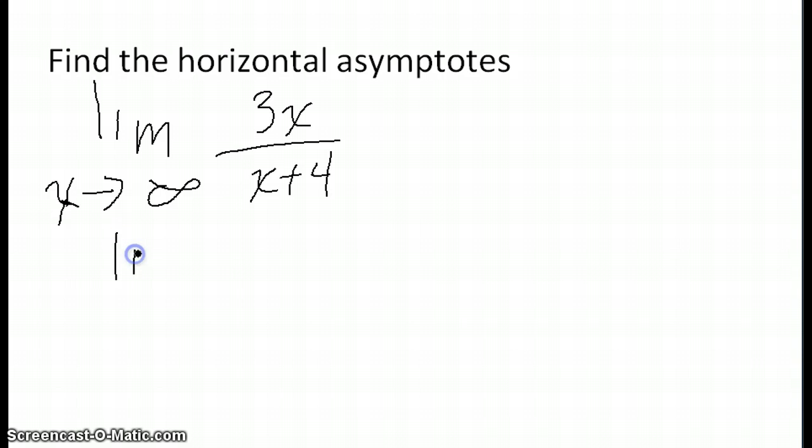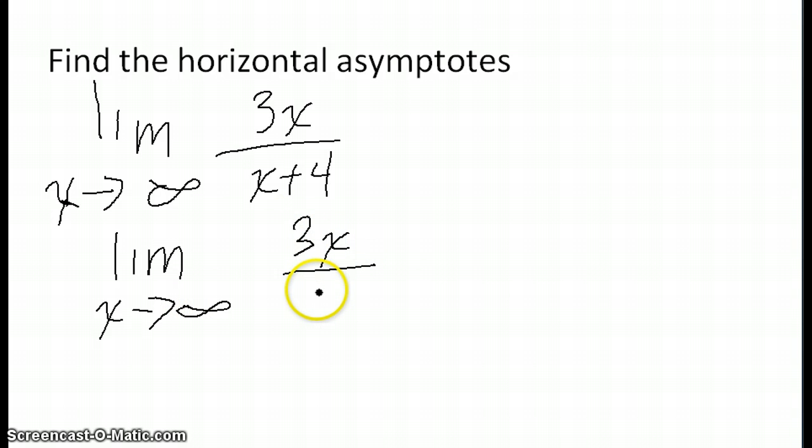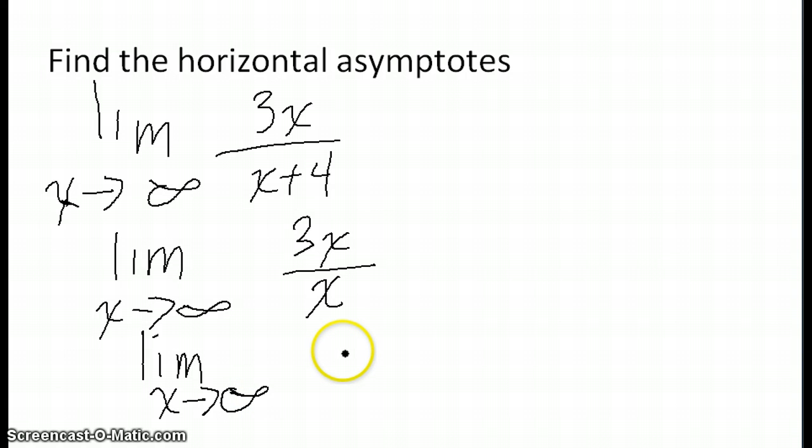Whenever you're finding the limit as x approaches infinity, you're only going to use the end behavior of the polynomials in the numerator and the denominator. The end behavior of the numerator is 3x and the end behavior of the denominator is x. Remember, the end behavior just tells us to use the term with the highest degree.